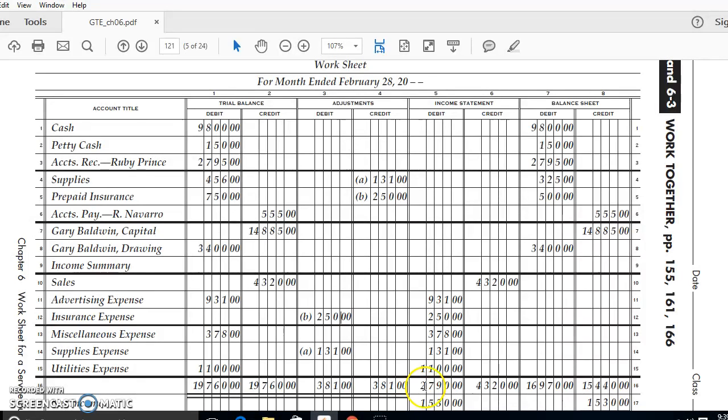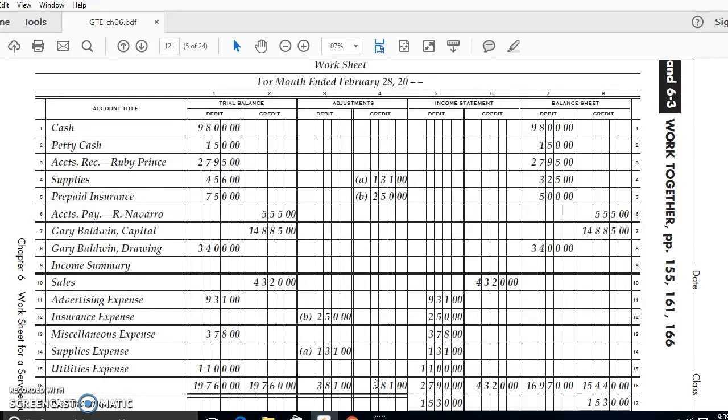Tomorrow we'll learn about the income statement and the balance sheet columns. For the remaining of the period today, I would like you to go ahead and complete the adjustment information for your on your own problem. The on your own problem is going to be on pages 155, 161, and 166 as well.